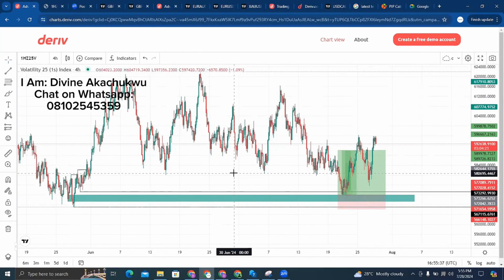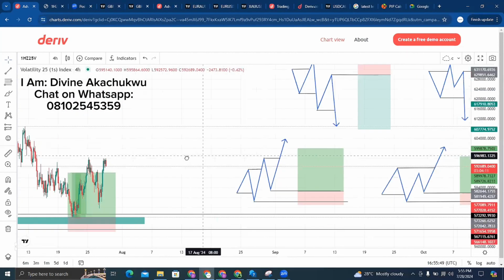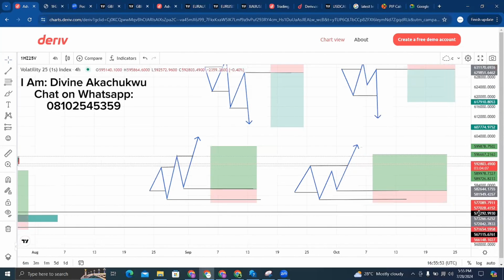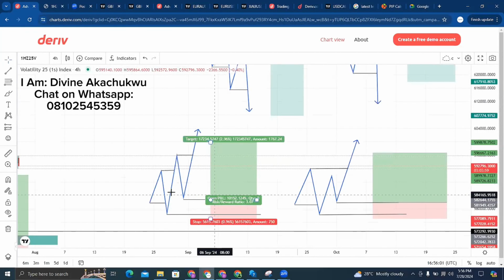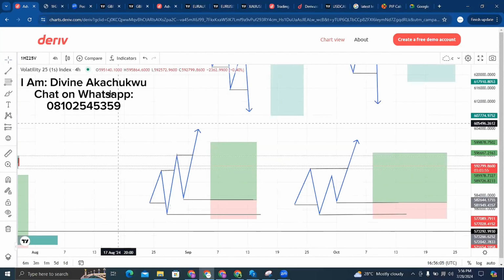In our last class, I told you about inducement and liquidity, and we are going to go in depth with more examples about that. So these are my entry models. These are the two scenarios I expect to see whenever I want to enter a buy position in the Forex market.